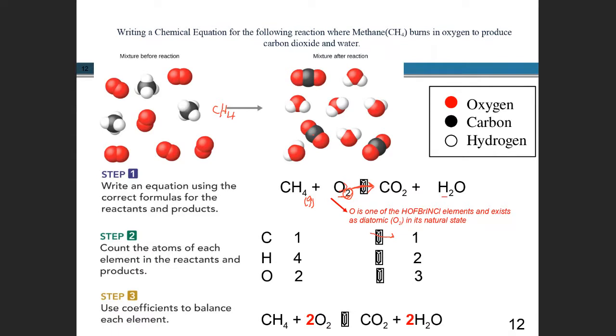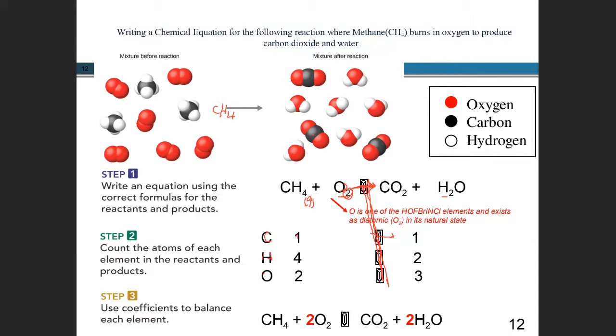Okay, so what I'm going to do is separate between the reactants and the products. Then I'm going to write the elements I have: carbon, hydrogen, oxygen. I'm going to count the number of atoms on the reactant side. For the carbon, I have 1 atom.